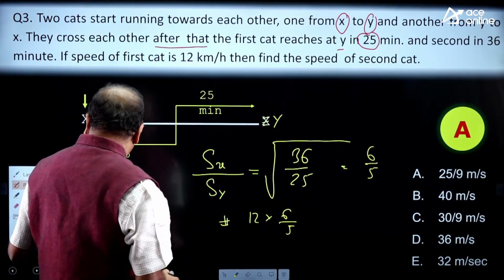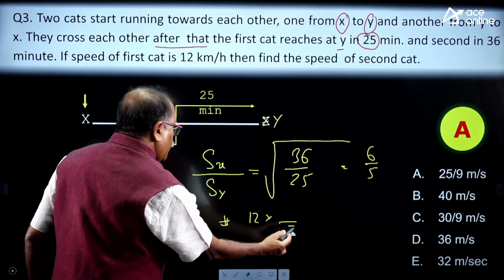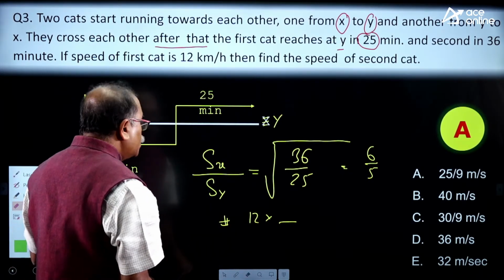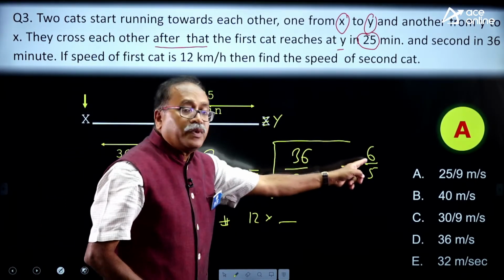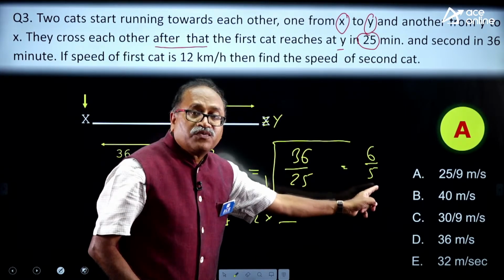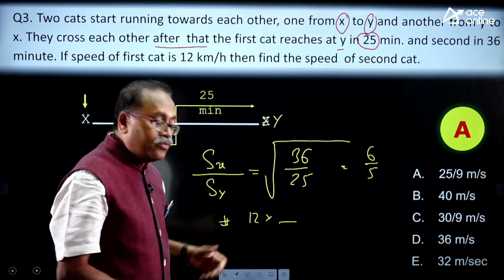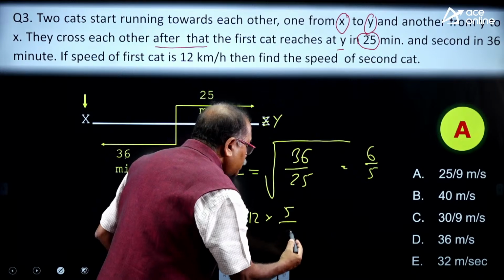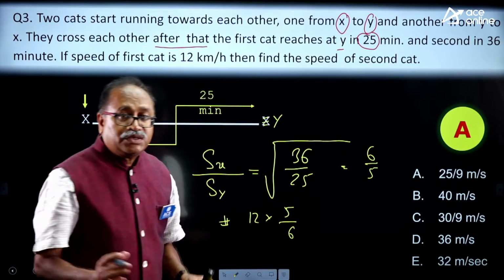I am sorry. Why should it be 5 by 6? I know the 6 part. What I need to find out is the 5 part, the speed of Y. So 5 by 6 is done.